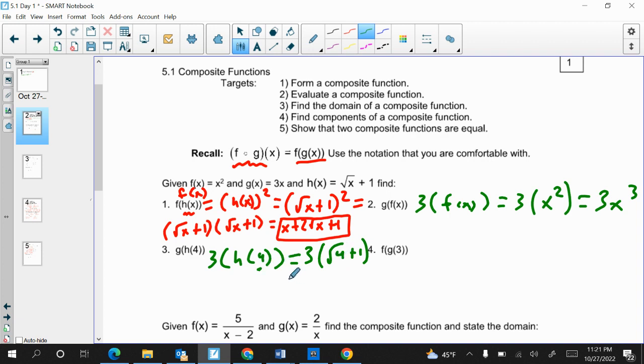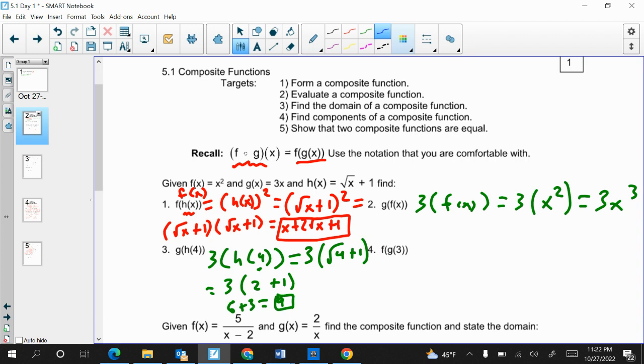I'll substitute that in. So that becomes 3 of 2 plus 1. That is 6 plus 3 equaling 9. Again, that's the exact same way where we just keep resubstituting what we have in there for x.